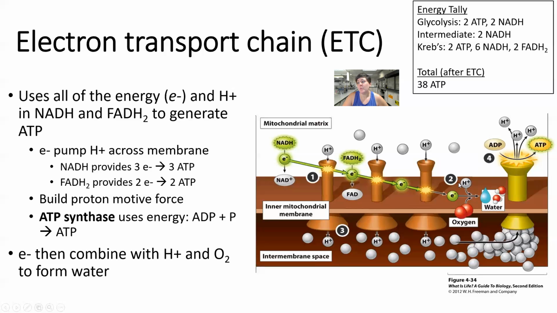So what we do is, you can see that red molecule right here, we use oxygen to bind up both the electrons and the hydrogens. And when we do that, we generate water. So oxygen is used by the electron transport chain in aerobic cellular respiration as what we call a final electron acceptor, basically to bind up any of the electrons we just used throughout this process.